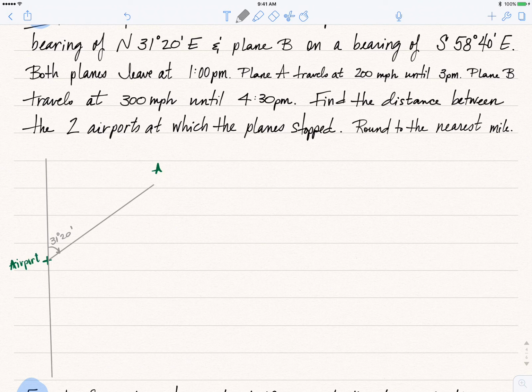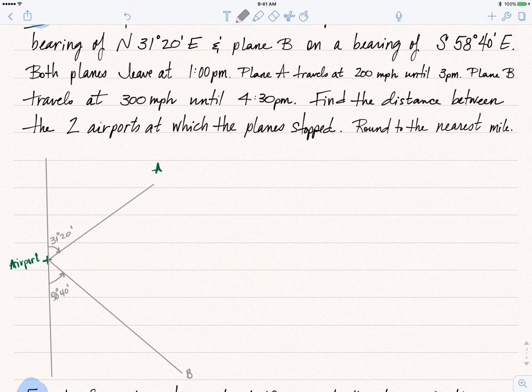So south, there's my south, and I know that east of that, again, is to the right of that. And so there's my southeast angle, and that is at 58 degrees, 40 minutes. And this is where plane B ended up.